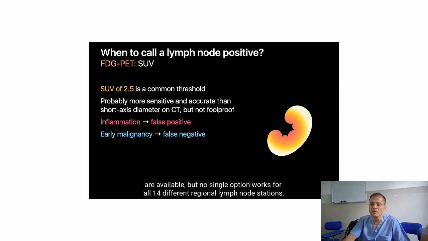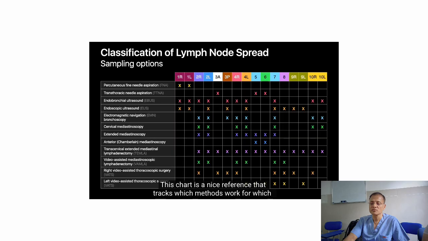Right? So FDG PET, if the normal FDG uptake is less than 2.5, whatever lies above that, we can think it will be either an inflammatory region or a malignant region. So this is the huge classification of spread of the lymph node system. By which virtue can you define? Do you use percutaneous FNA or Trucut biopsy?